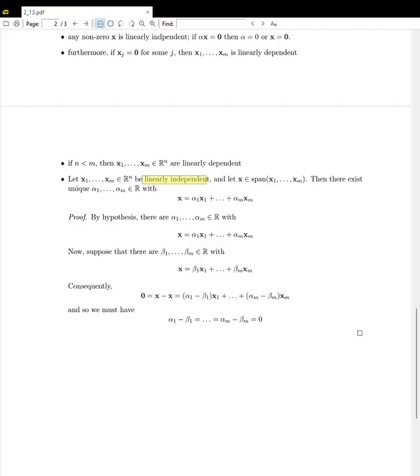All right. And therefore, the alphas and the betas all need to be equal to each other, guaranteeing the uniqueness that we were promised. Ah, beautiful. All right, so there we go. Now we have seen that, hey, if you have a list of linearly independent things, and if you land in the span, there are unique scalars that work.